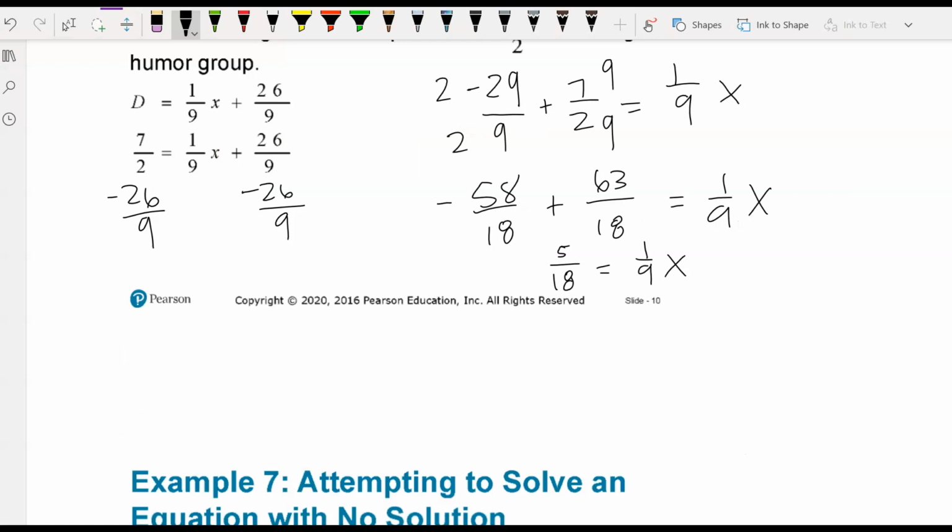All right, we want to get rid of the 1/9. So that means we multiply by the reciprocal. So we can reduce the 9. So it would be 5/2 equals x.